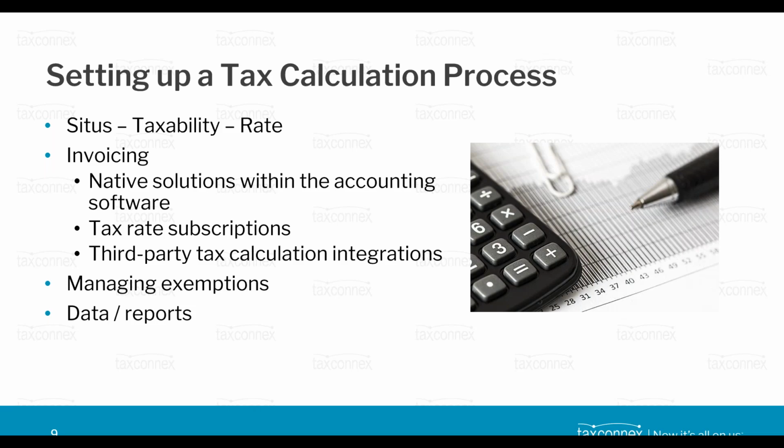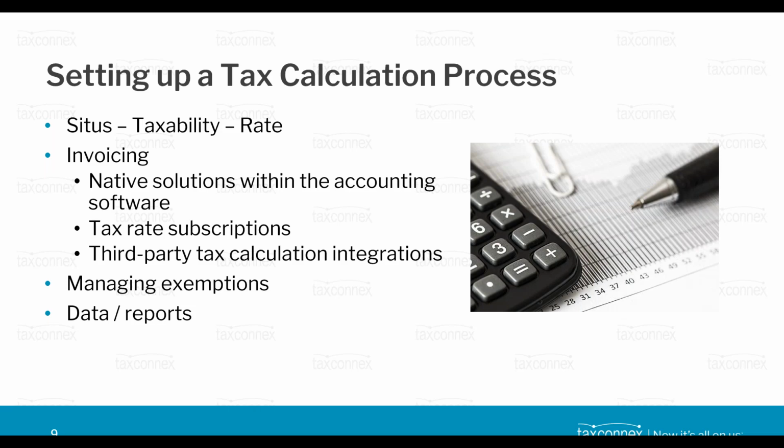When we start looking at what is the best option here for customers, a lot of times it really depends on the volume of invoicing and also the geographic footprint of that customer. Think about it from the perspective of if we're selling in a single state, maybe that state has a single tax rate, and you're selling tangible personal property.